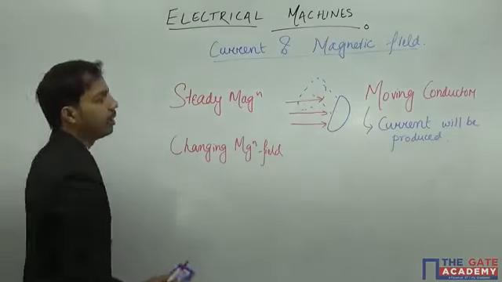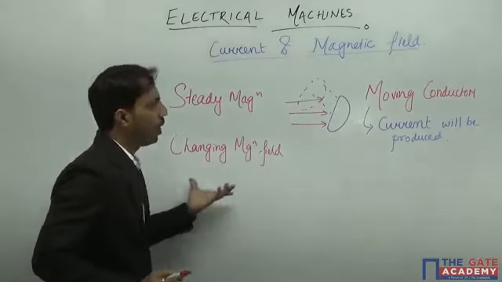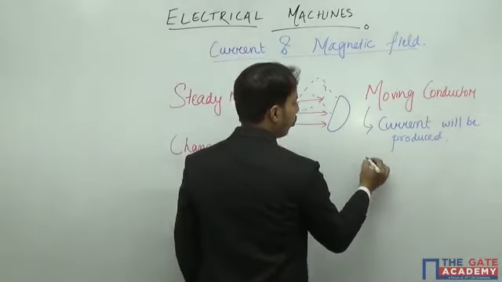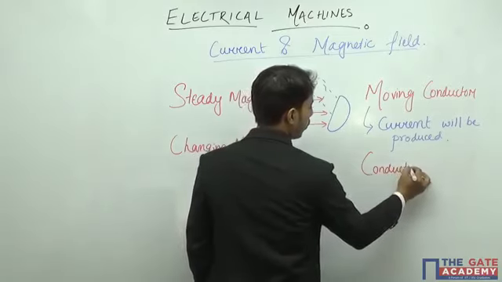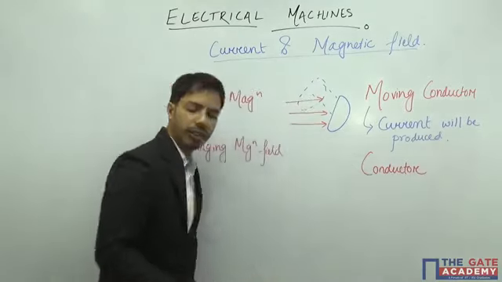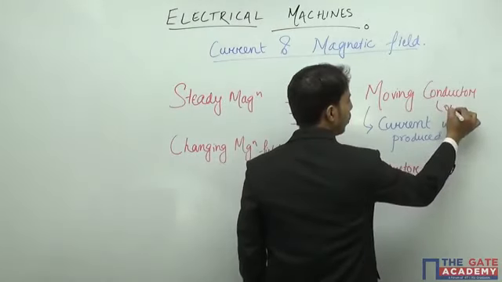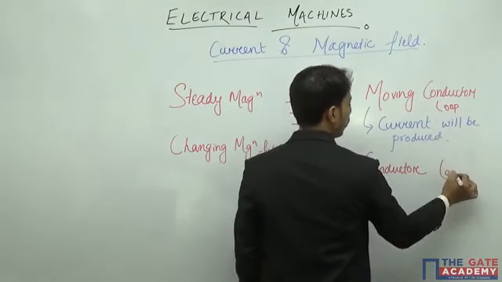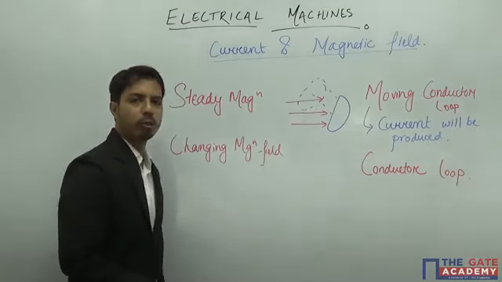Now if I have this type of field, and if this field links with a conductor loop, see, if there is no loop, you cannot see the current. There should be a loop for you to see the current.